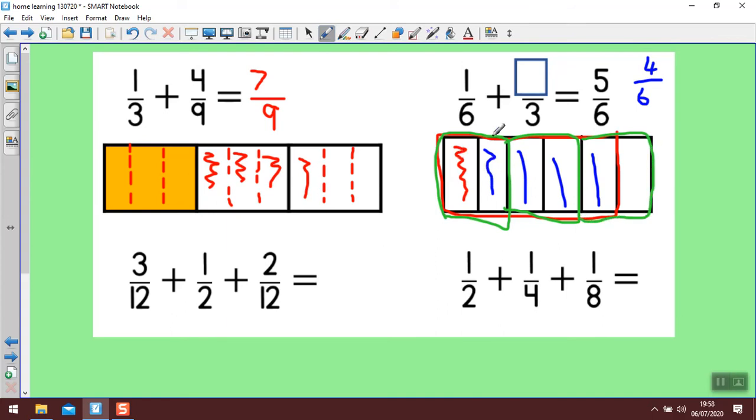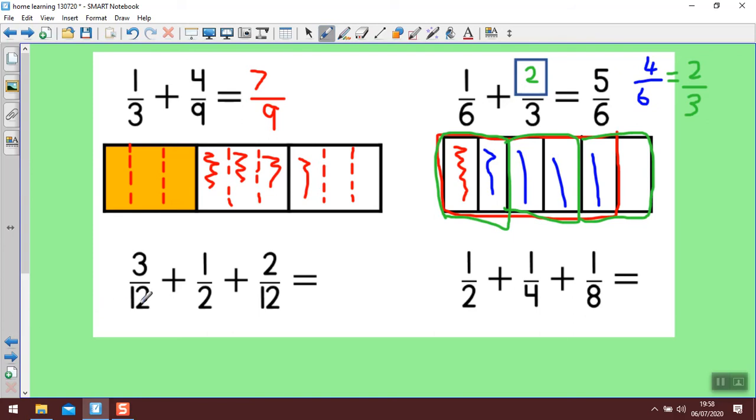So if you notice, 4 bars coloured in is the same as 2/3. And look, 4/6 is the same as 2/3. If I divide the 4 by 2, I get 2. If I divide the 6 by 2, I get 3. So 4/6 is the same as 2/3. Well done if you got that one.